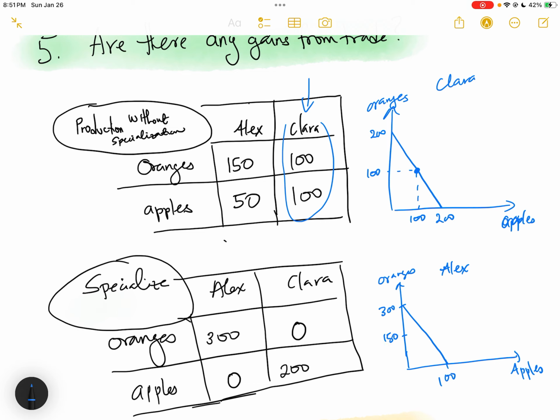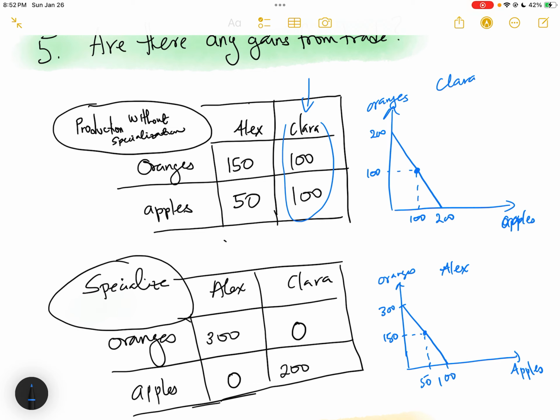Oranges 150, so that's halfway here, and this is halfway, 150. Okay, great. So without any specialization, Clara can produce 100 oranges and 100 apples. Alex can produce 150 oranges and 50 apples.